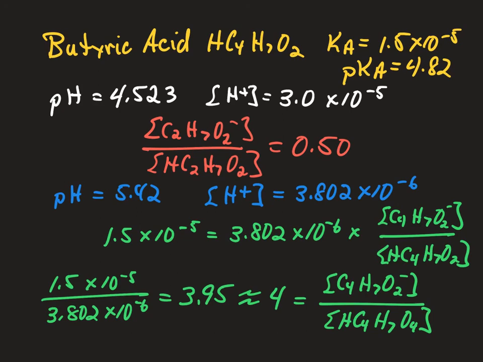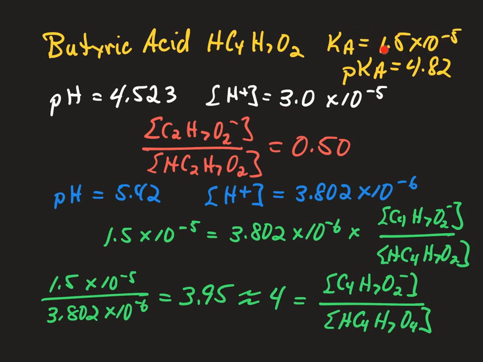Okay, now a couple of things to notice here. We've worked this out, but if we go back and look, note here, our pH here is lower than our pKa, which means there's more hydrogen ions than at the Ka.